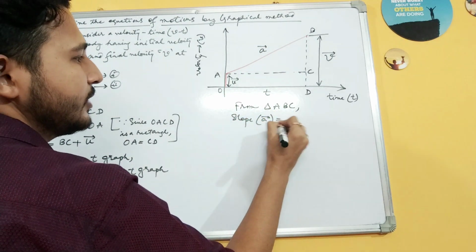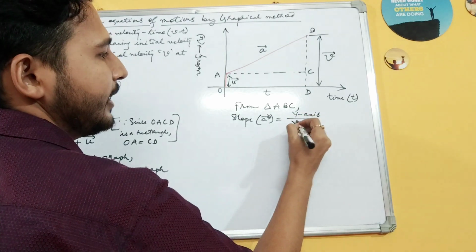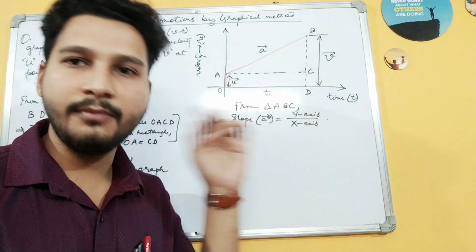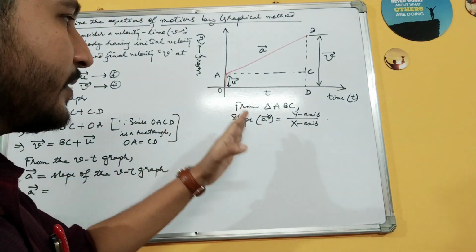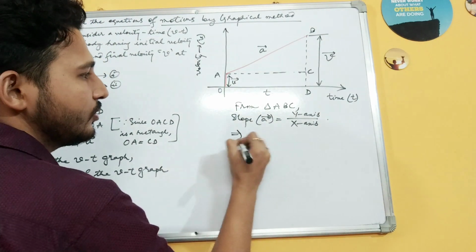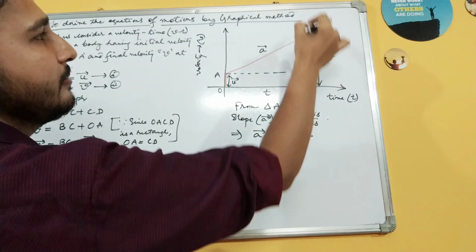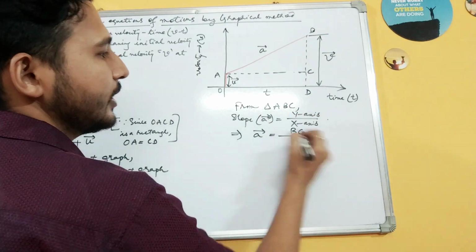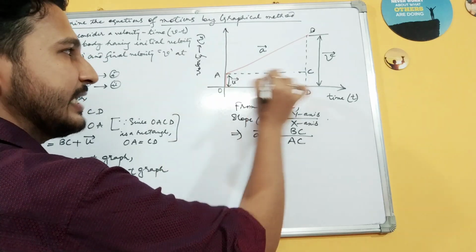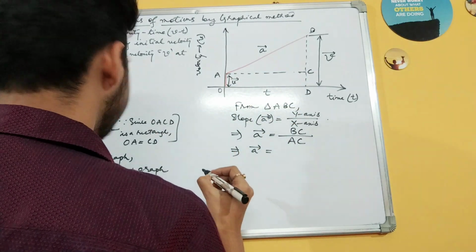Slope A is equal to y-axis by x-axis. I have already told you in the previous definition that from the velocity time graph the slope is y-axis by x-axis. वो था तुम्हारा definition पे. So what is y-axis? Y-axis is nothing but BC. What is x-axis? AC.